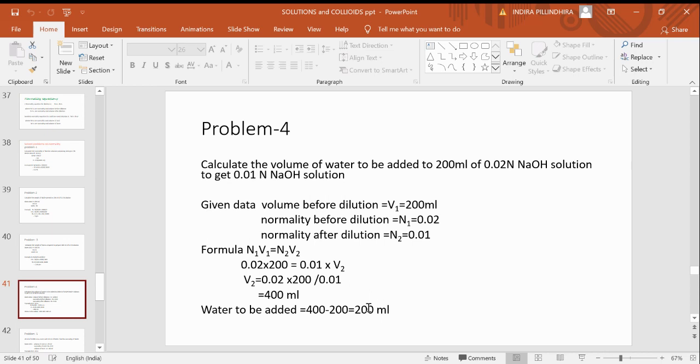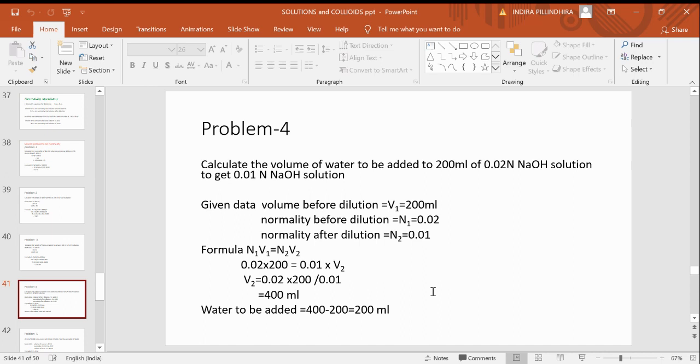Okay, so dilution problems may be asked in two ways. One way is, what is the final volume of the diluted solution? Or sometimes they'll ask, what is the amount of water that is to be added to get that dilution?